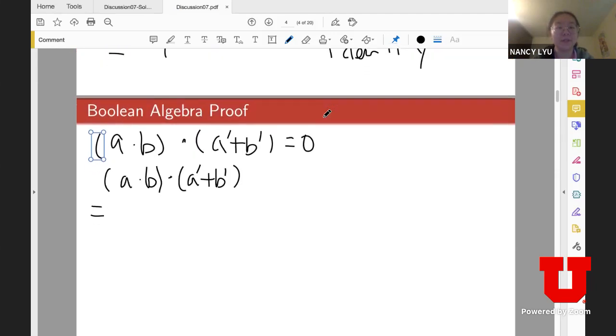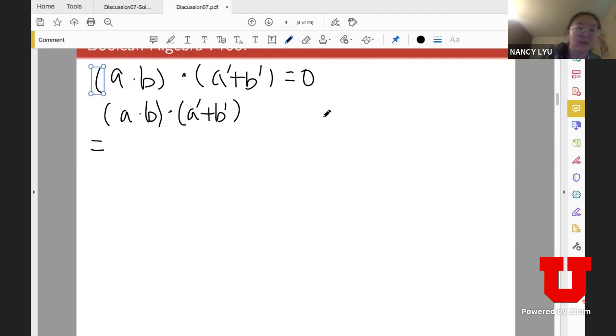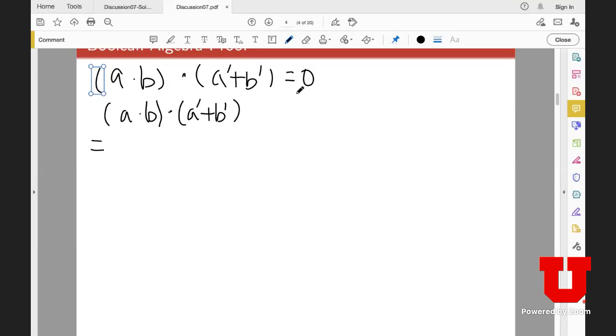It's similar to the first part, but is there any way you can negate A complement plus B complement? Is there a rule that A complement plus B complement can turn into A times B?